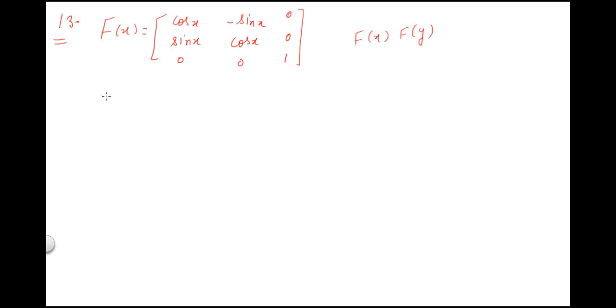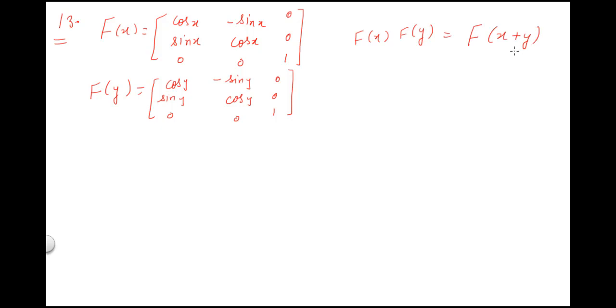So how to form f of y? Instead of x we will be putting y everywhere. So cos of y, sin of y 0, minus sin y, cos y 0 0 0 1. Right, so we have f of x, we have f of y. We have to show when we multiply we get f of x plus y.